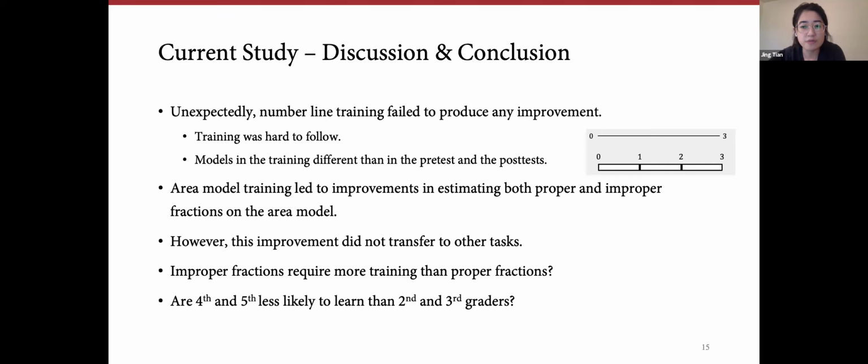So even if they are more familiar with the area model, they were not more accurate at estimating both improper and proper fractions on the area model than the number line in the pretest. So maybe there is some implicit knowledge of area model that we did not capture in the pretest, but there are definitely more open questions to be answered relevant to this question.